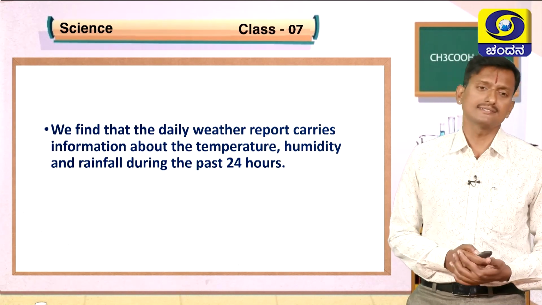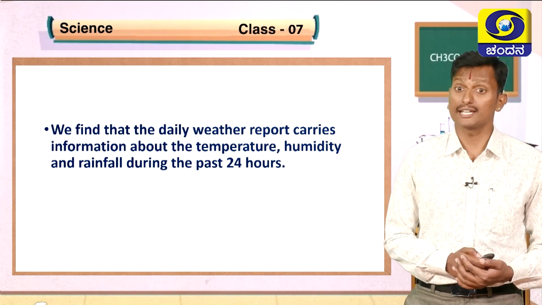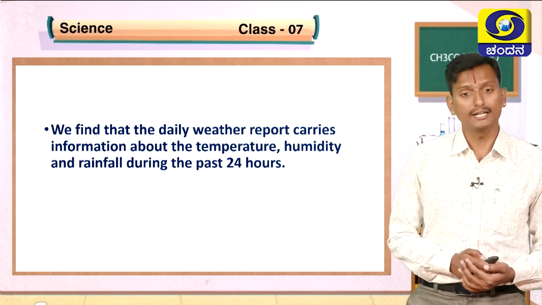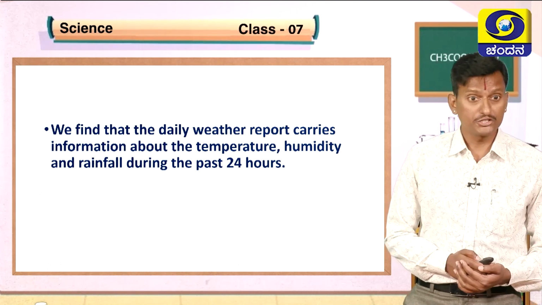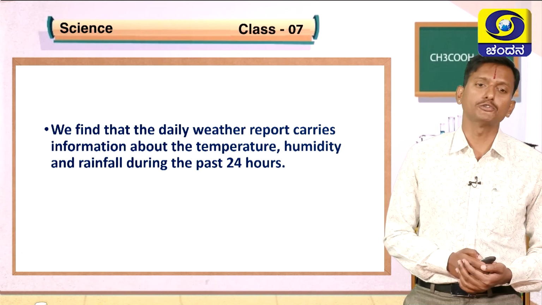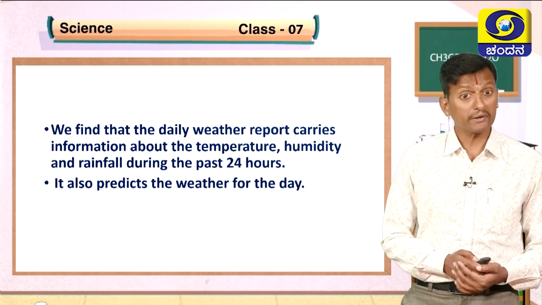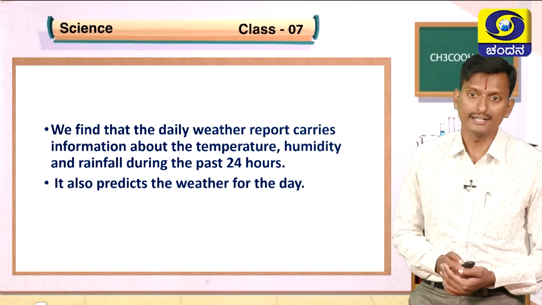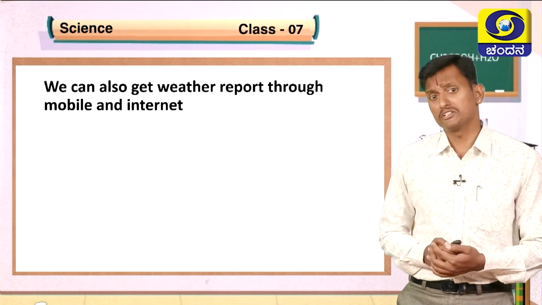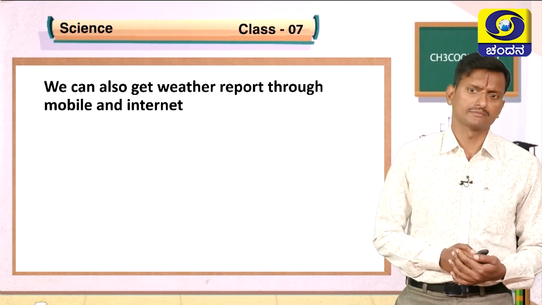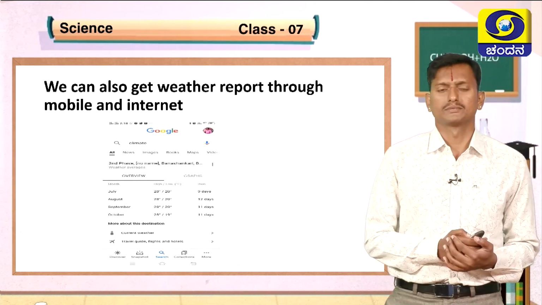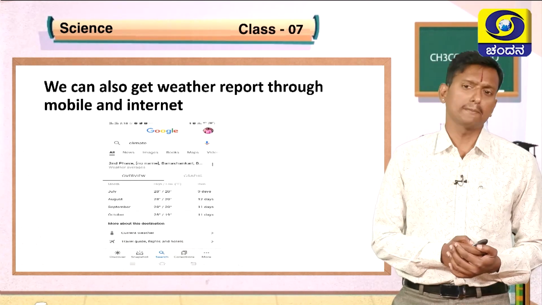We find that the daily weather reports carry information about the temperature, humidity and rainfall during the past 24 hours. It also predicts the weather for the day. You can also get a weather report through mobile and internet. If you go to Google through a phone, just type climate.